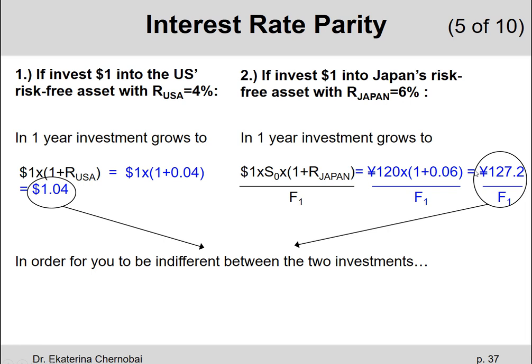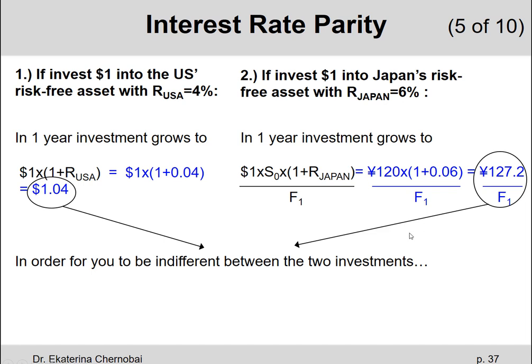In which case would you not care? Well, if you make the same money in 1 year, right? So how much money are we talking about in 1 year? We already have it for option number 1, $1.04. We don't have it yet for option number 2. It's not very clear because we don't know what F1 is, the 1 year forward rate.